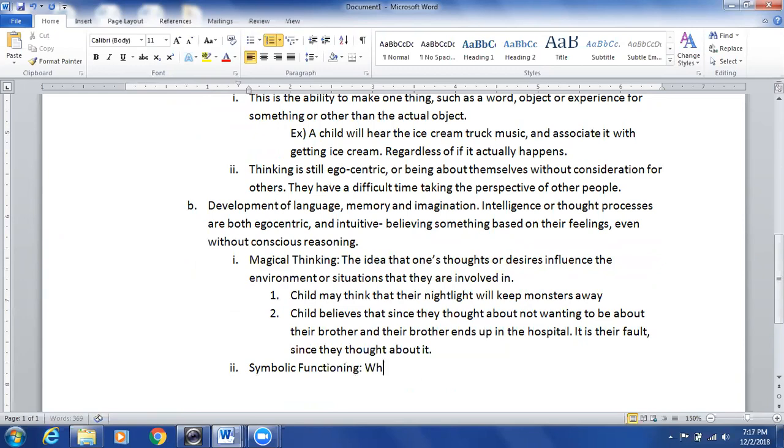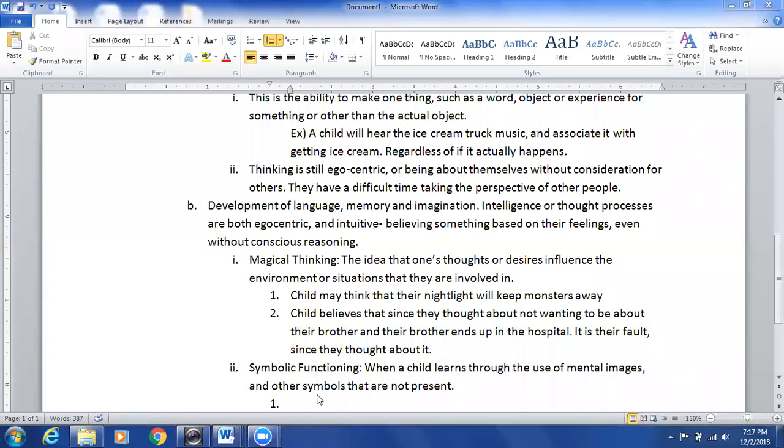Symbolic functioning is when a child learns through the use of mental images and other symbols that are not present. So that's where the sense of imagination becomes very powerful for that exact reason.